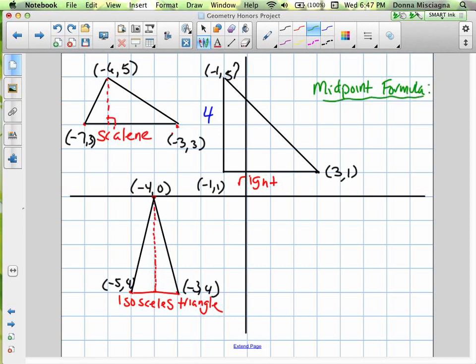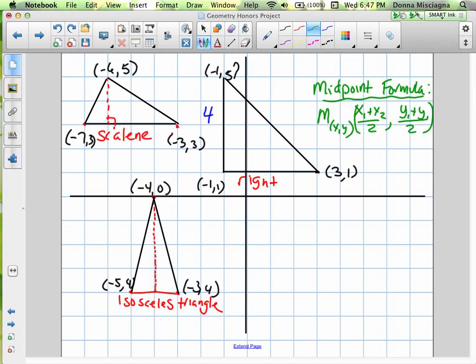All right, so it is just a point, and you take the average of the x's and the average of the y coordinates for 2 points.